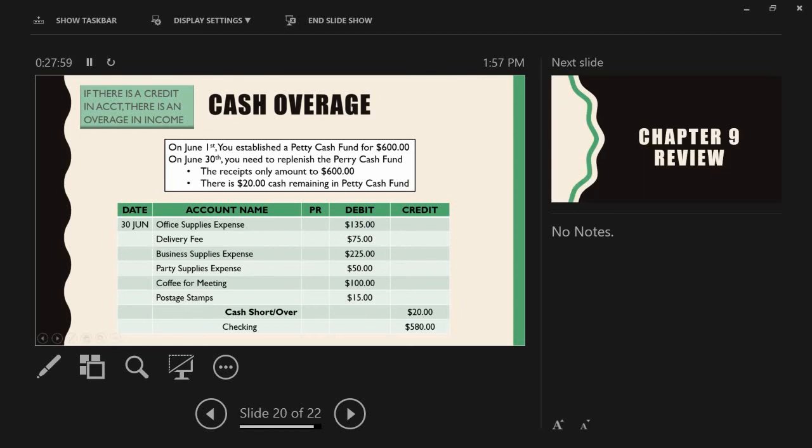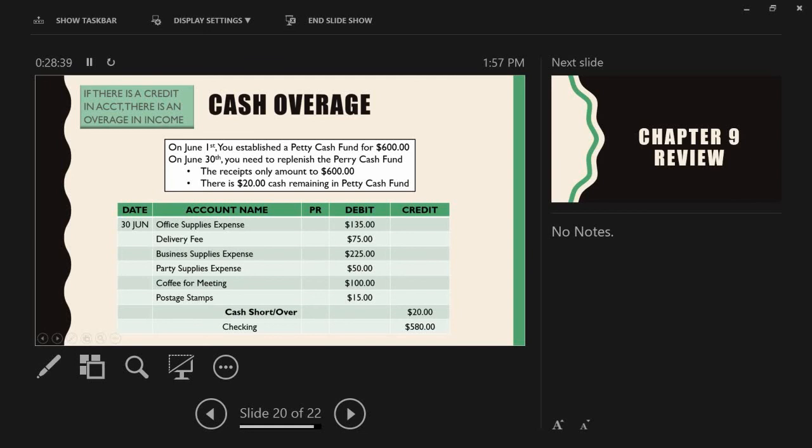Okay, so you're going to use that extra $20 to apply for the total receipts in the box, and you're going to write a check for less amount. Okay, so in total, you're still going to be 600, but you're using that extra $20 that was laying around in there. You're recording it, but you're going to use that to reimburse your petty cash fund for that $600. Okay, and this is what happens when you have an overage, right? You have $20 over the amount that you originally established it for.